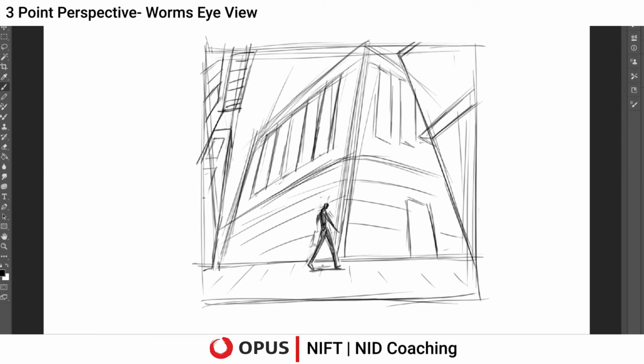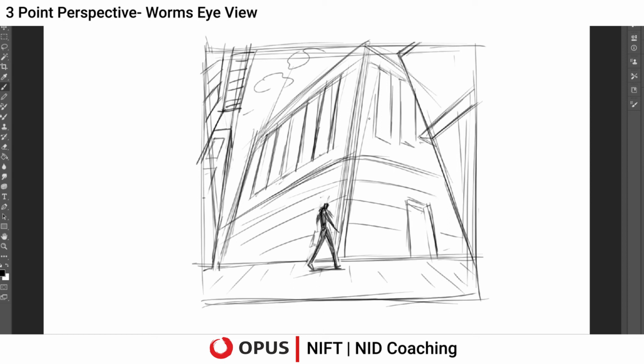That is what makes your drawing look like you have tried to draw the figure and all the compositions in 3 point perspective. So in this way you have to understand the concept of 3 point perspective, and then apply that in your drawing so that it gives the right feel.